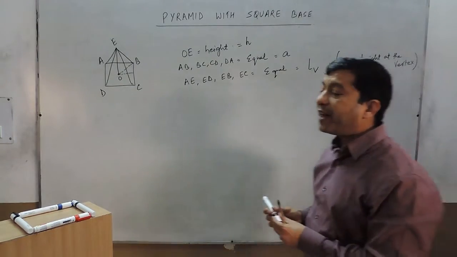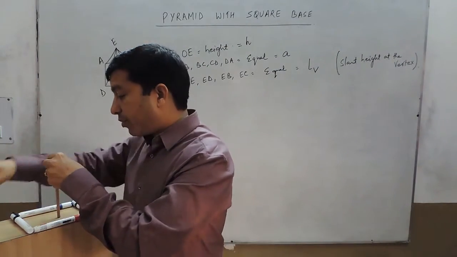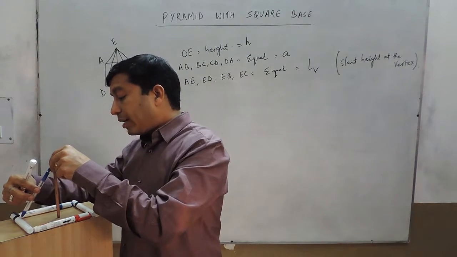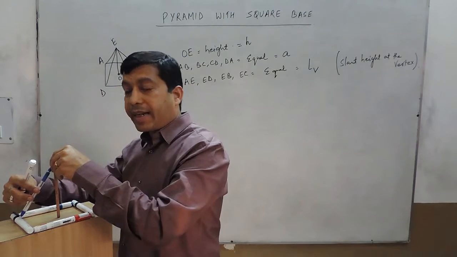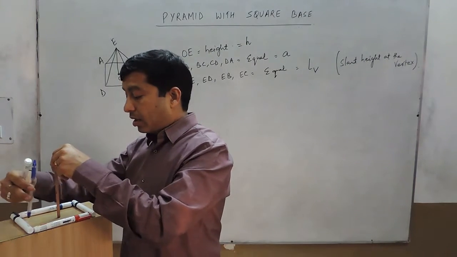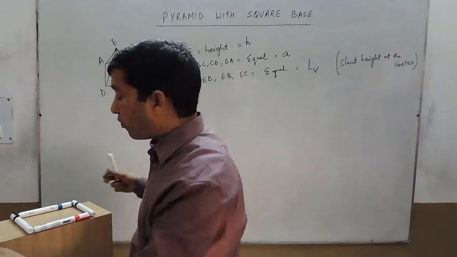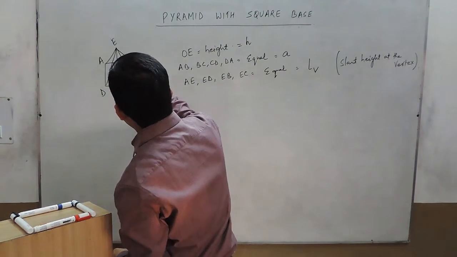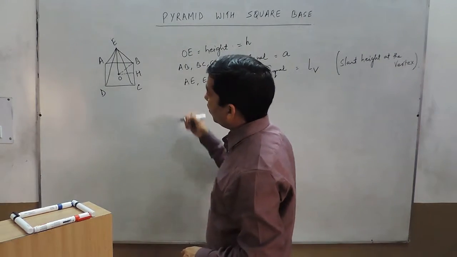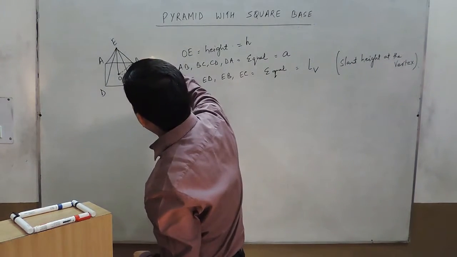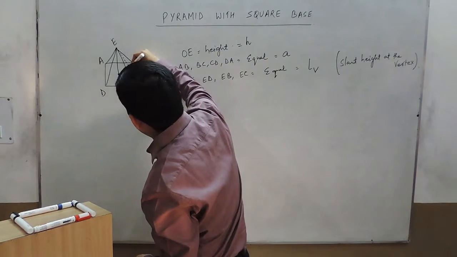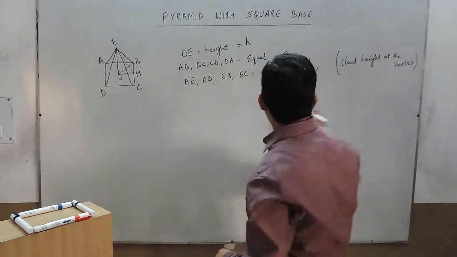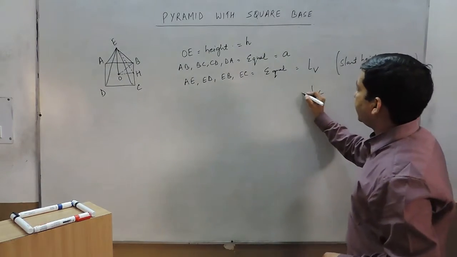In the same way, instead of the slant height at the vertex, if we look at this, then this value is known as the slant height at the center of the side of the square. Let's say this point is H. So from E to the center H, when we draw a line, it is known as the slant height at the center, denoted by LC.